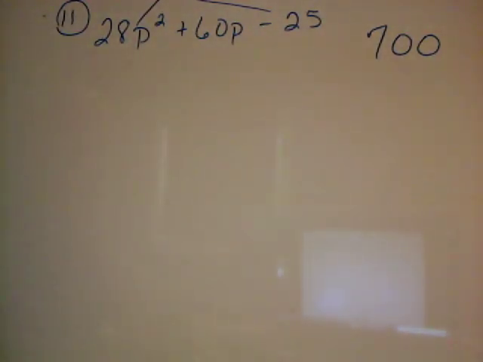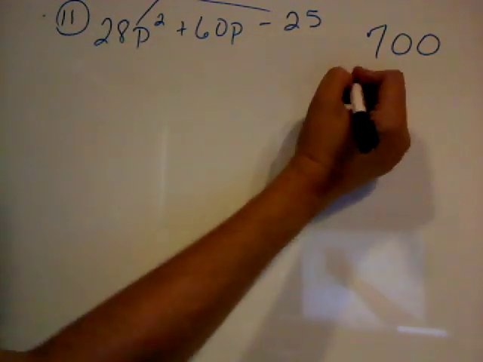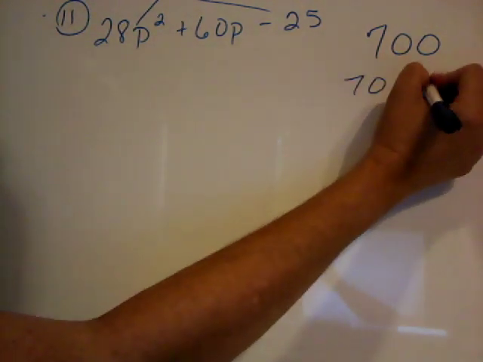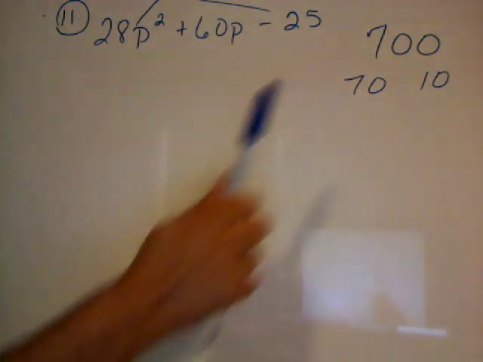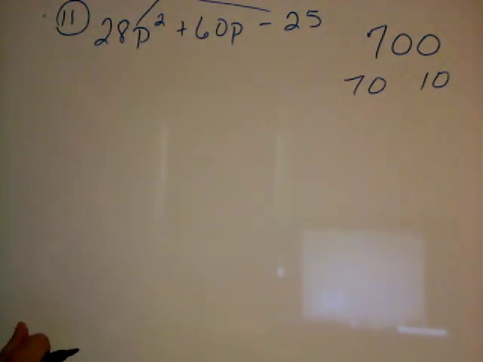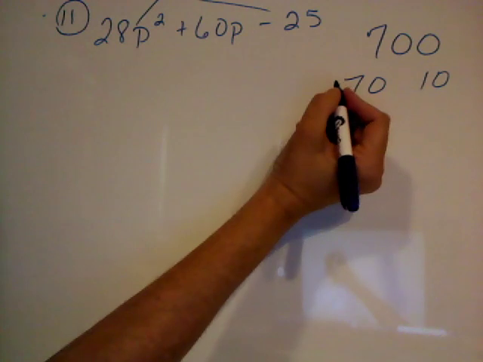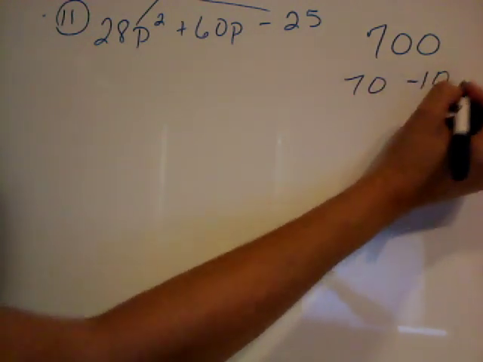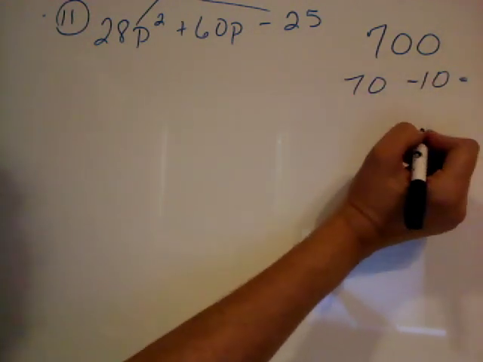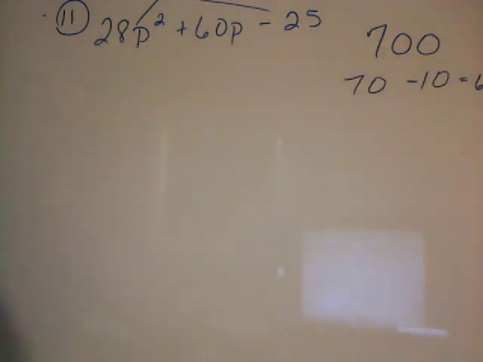But the first thing that jumps out to me is 70 times 10 gives me 700. And if I subtract 10 from 70, that's going to give me my 60 that I need.